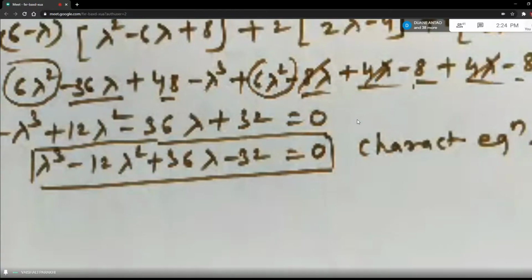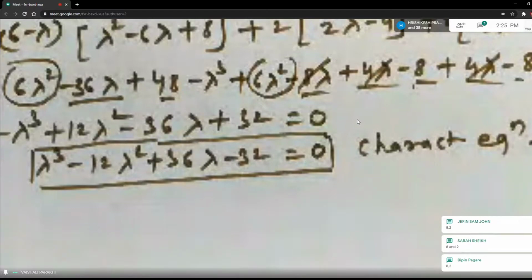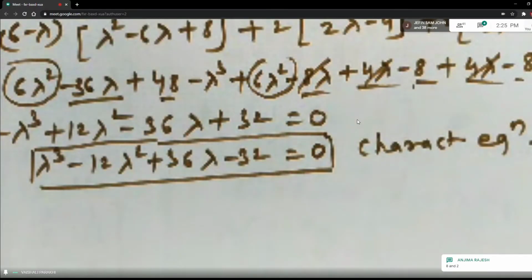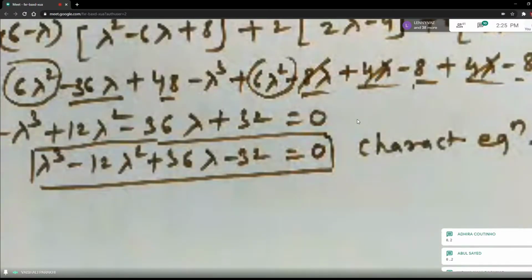What are the roots? Eight and 2, okay. All are comfortable with calculators, right? Go to equation mode. Just put the coefficients. Yes, very good. Many students are getting it.